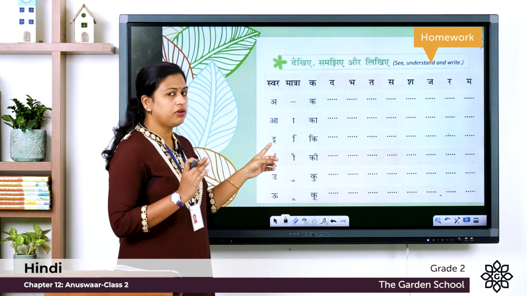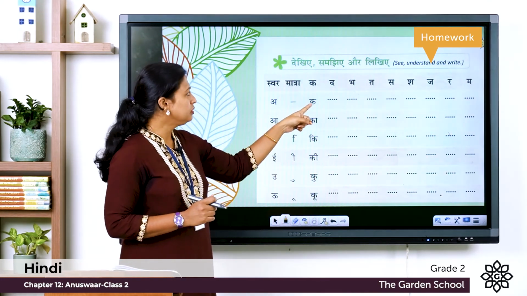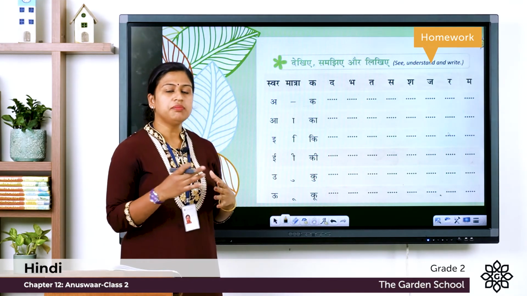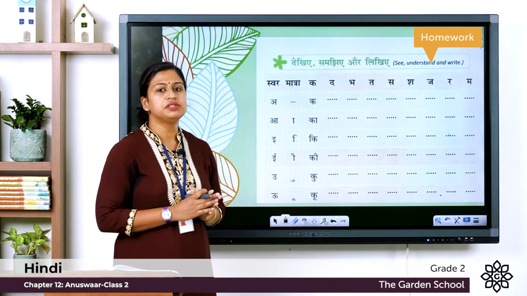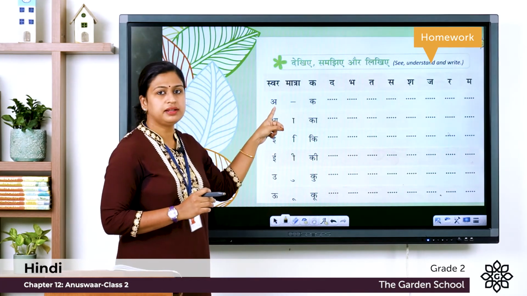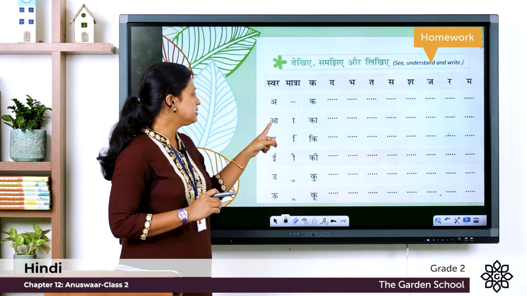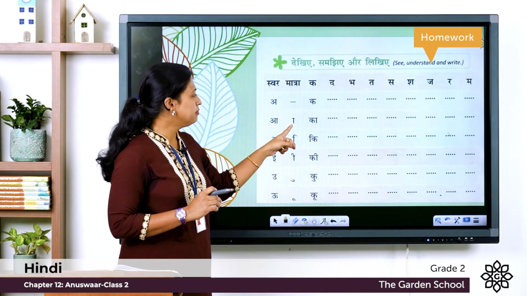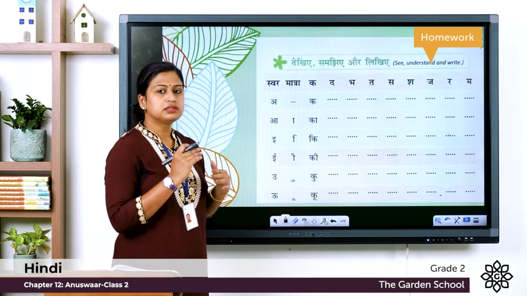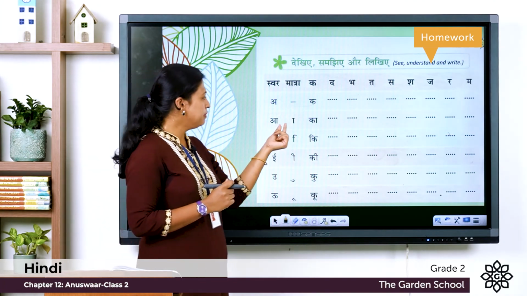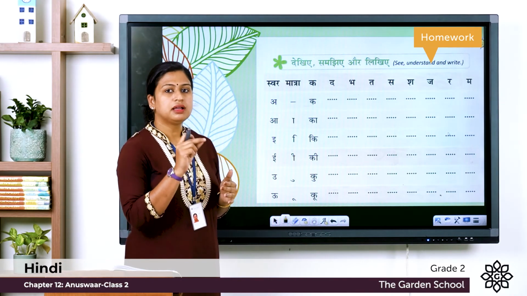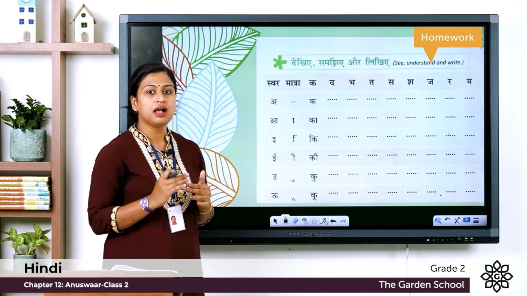So first one is already done for you. The letter is ka, and here we will be using all the matras with this Vyanjan letter. So ka, and the first swar letter is a. Next one is a, and its symbol is a standing line and on the top sleeping line. So when we add this symbol with Vyanjan letter ka, we write ka plus a symbol and we say ka.